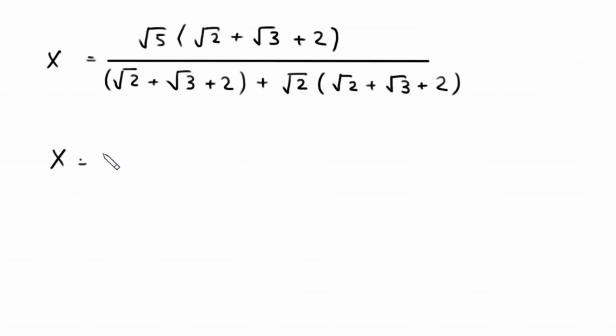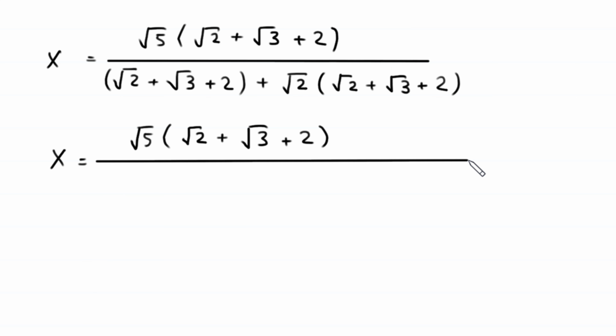Next, x is equal to root 5 times root 2 plus root 3 plus 2 divided by, from the denominator we have this expression root 2 plus root 3 plus 2 as common factor.